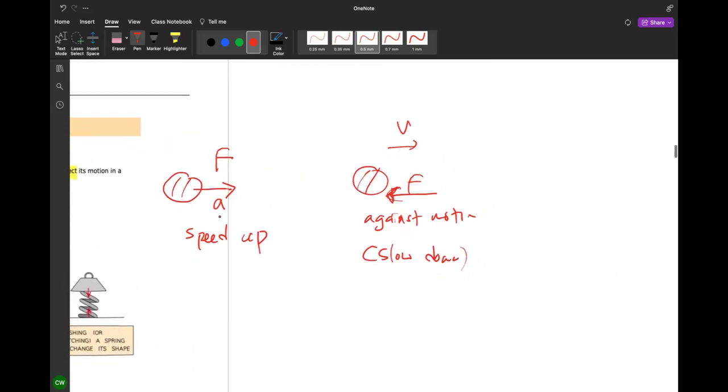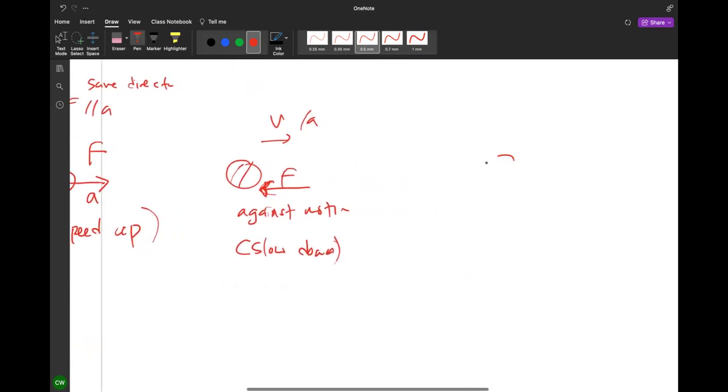Okay, either you speed it up if the force and motion are in the same direction, then you speed it up. 如果是两个同个方向，它就会 speed it up. If it's opposite way, 当它跟这个相反方向的时候，它就 slow it down，它会变慢。Either speed it up or slow it down. Or change direction.